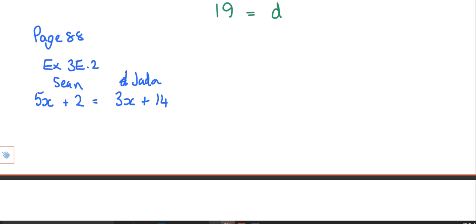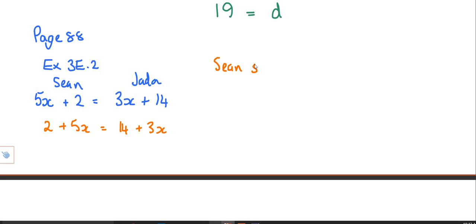Before we solve it, how could we write a Sean and Jada shell question using this information? So I'm going to rewrite it another way for you and say it's 2 plus 5x equals 14 plus 3x. So what could I say?